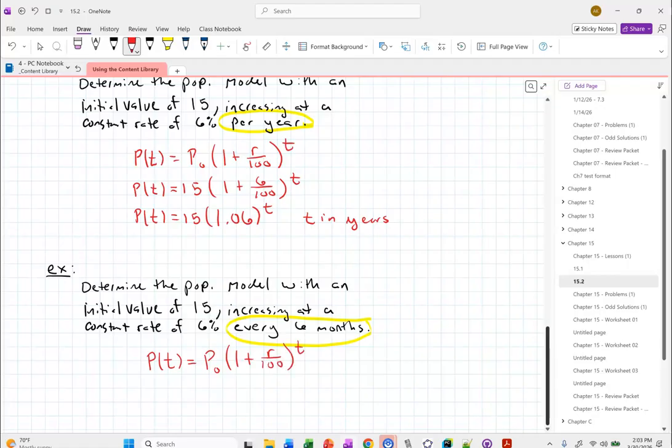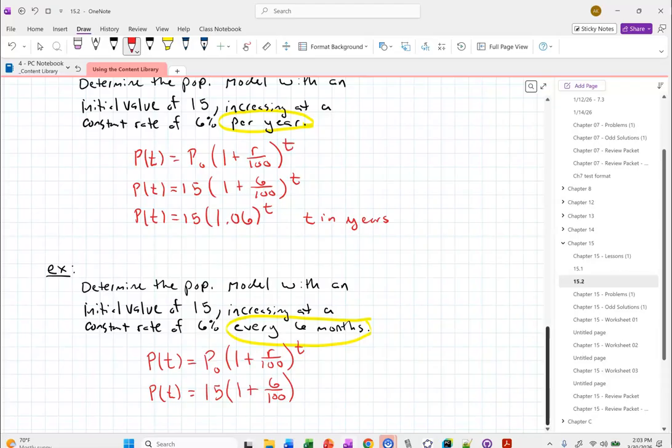So we're going to start with our model. What is P naught? 15. What is R? 6. Now, what am I going to do with 6 months?